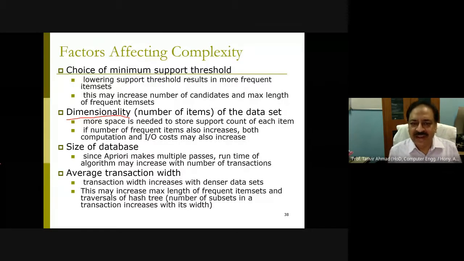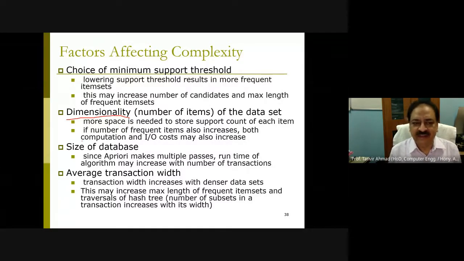Why do I say input-output cost? Can anybody give an idea why, if the dimensionality increases, the IO cost also increases? Anyone? Why does the IO cost increase?